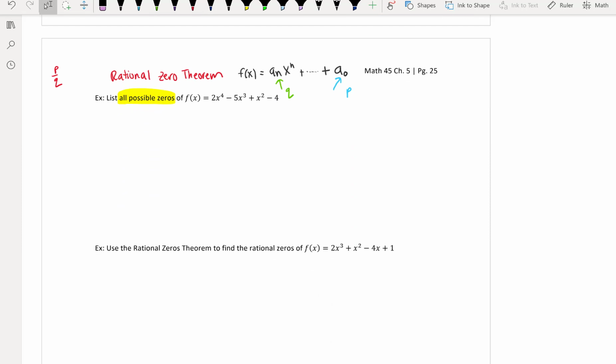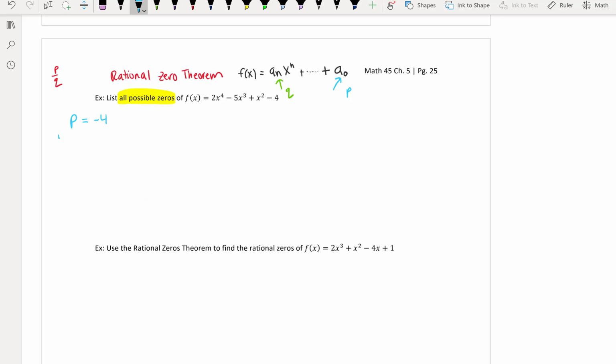So let's think about this. So we have the p value that I want to think about. The p value is going to be the very last thing that we have. So that is -4, okay? So since we have -4, let's list out all of the different factors of 4.